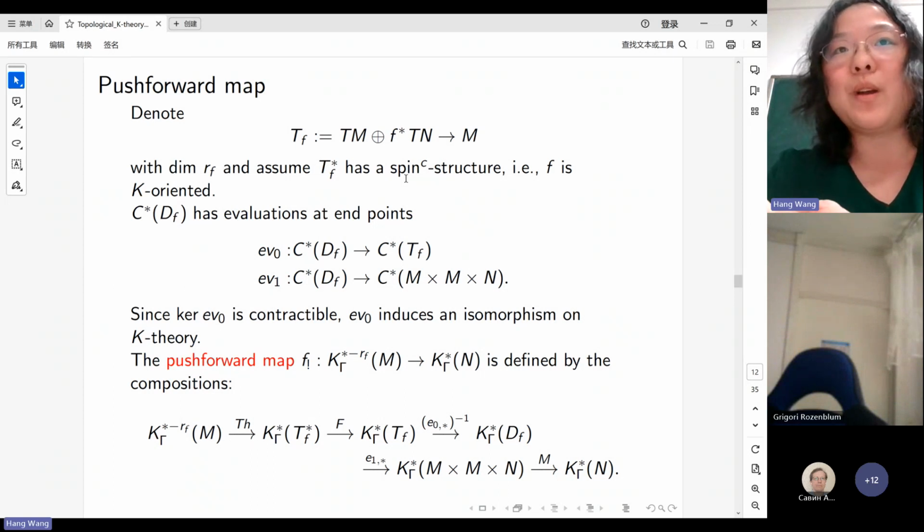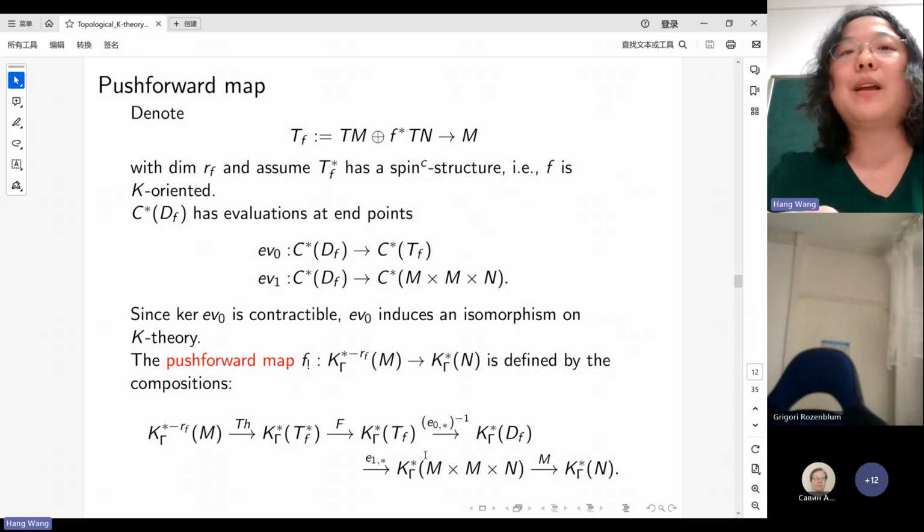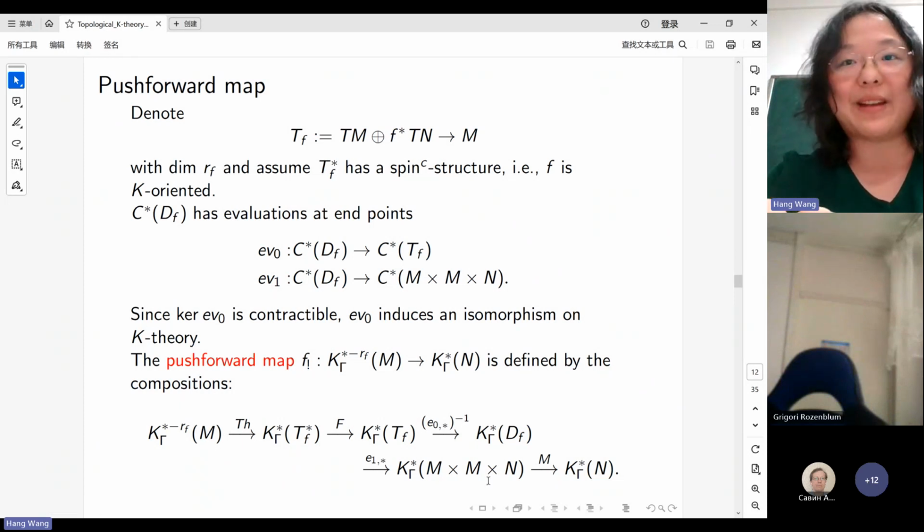And here we assume a spin C structure on this TF star to ensure this is an isomorphism, and it is followed by a Fourier transform map, and then by the inverse of the evaluation at 0 map on the level of K-theory, and then by the evaluation map at 1, and then by some Morita equivalence map. So overall, it gives a map from K-theory of M to K-theory of N.